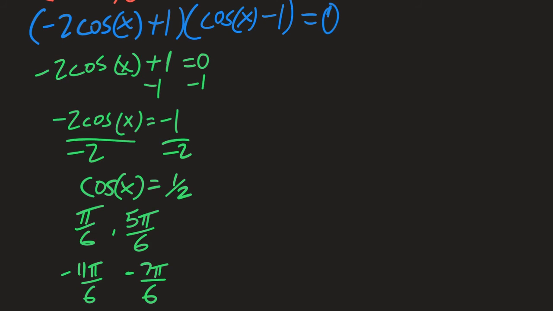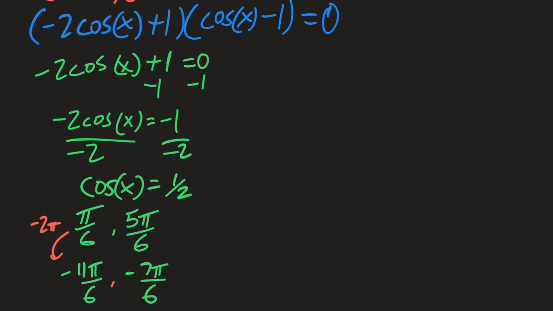You may notice that to get the negative angle, I just ended up subtracting 2 pi. You can add or subtract the period to find more solutions as long as you stay within the interval. So this kept me within the interval and I was able to find all 4 of these solutions.